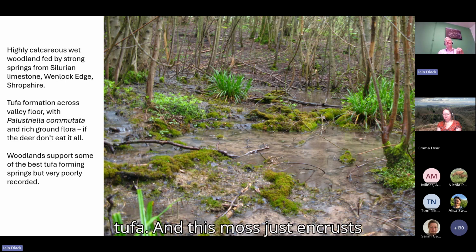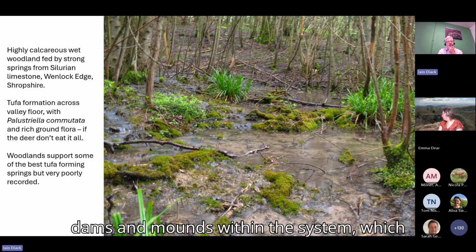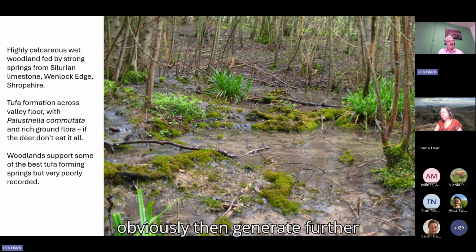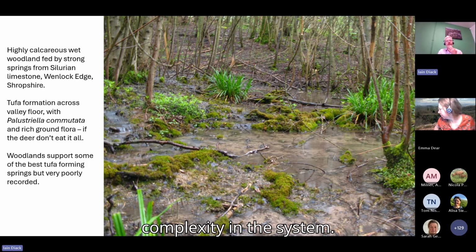And this moss just encrusts with calcium carbonate as well and builds up these tufa dams and mounds within the system, which obviously then generate further complexity in the system.